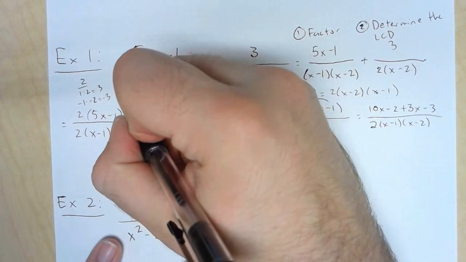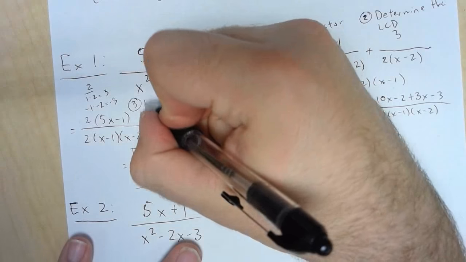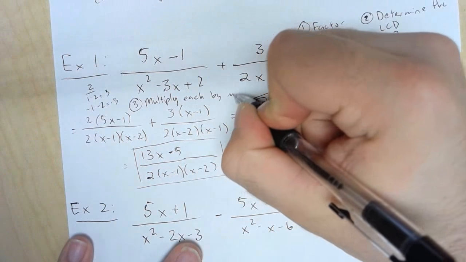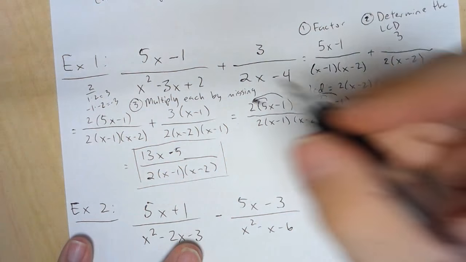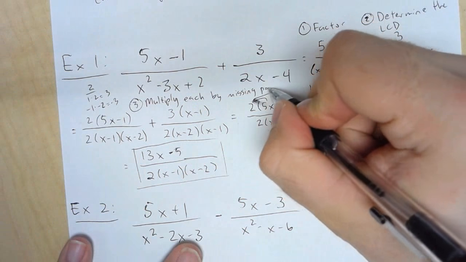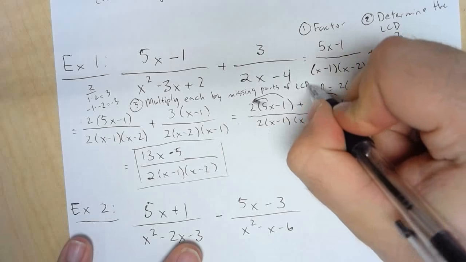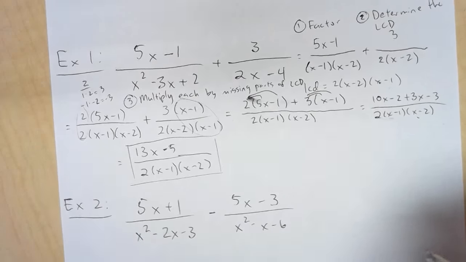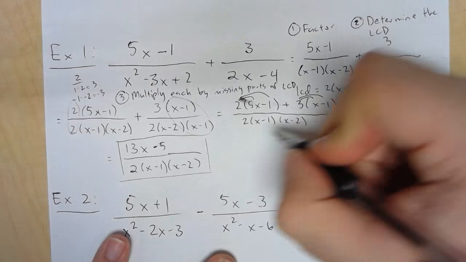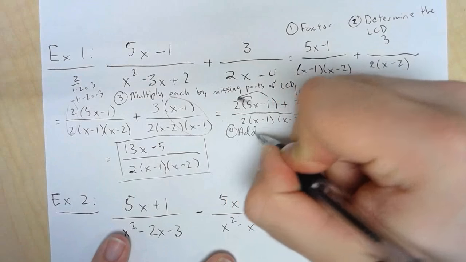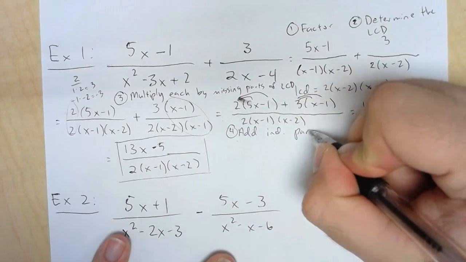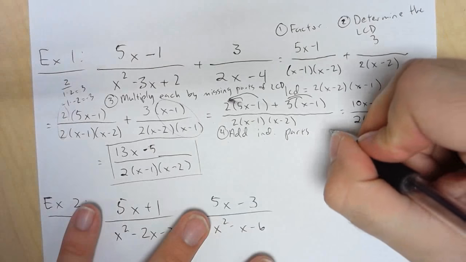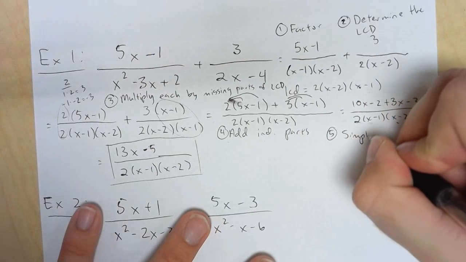Our third thing is going to be multiply each by the missing parts of the LCD, so we multiply by this and we multiply by this in each of those parts, and then we can go ahead and add the individual parts. And then, of course, we always have the last step, which is to simplify.